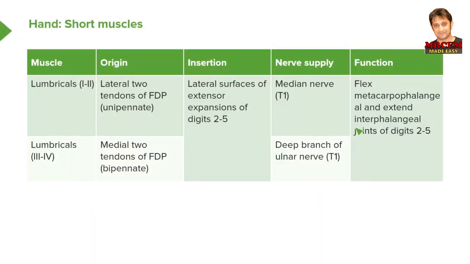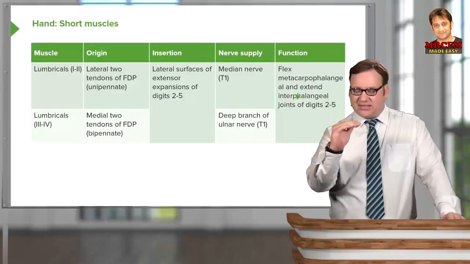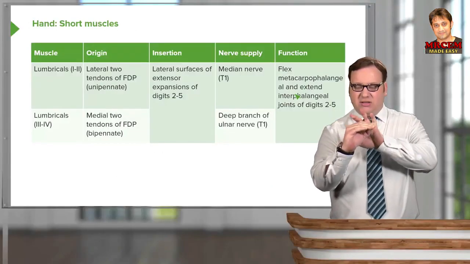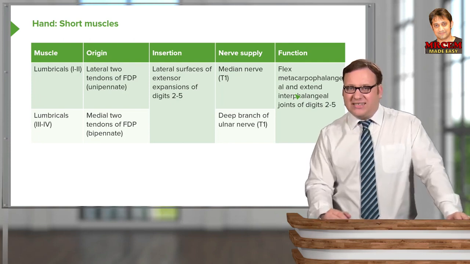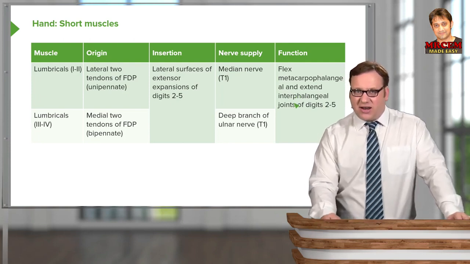The function of these lumbricals is important because they can both flex and extend different joints. So they can flex the metacarpophalangeal joint, the joint between the phalanges and the metacarpals. And they're also capable of extending the interphalangeal joints.